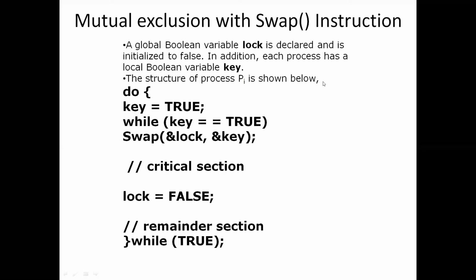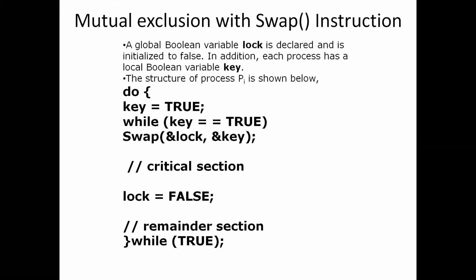Now we'll discuss mutual exclusion with swap instruction. A global boolean variable lock is declared and is initialized to false.